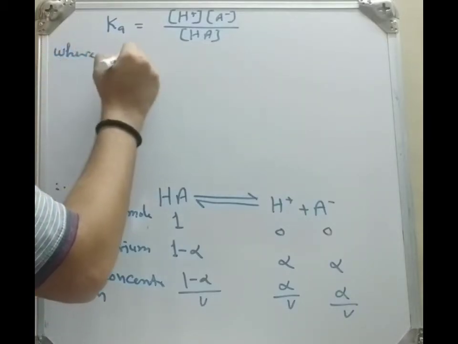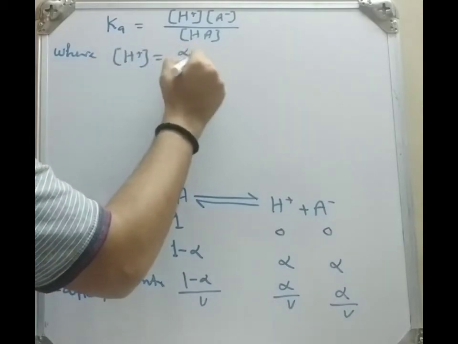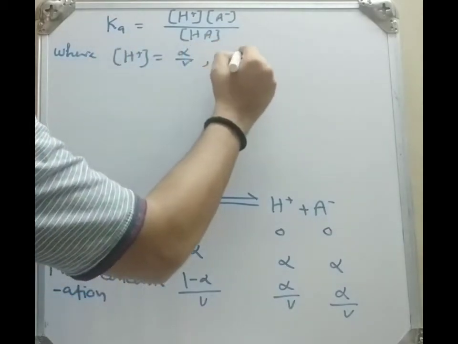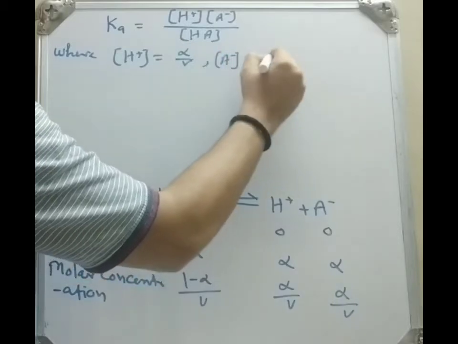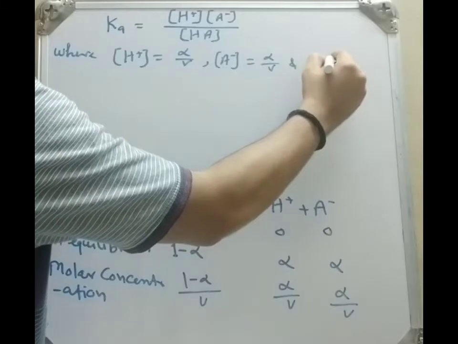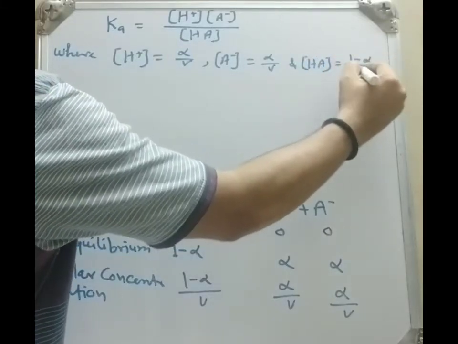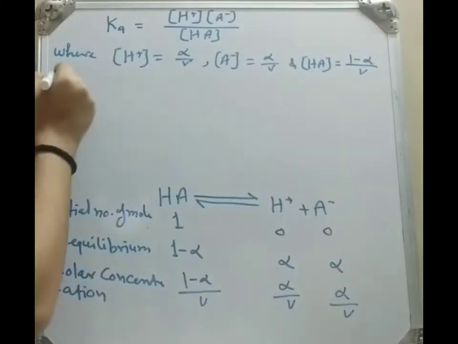As we know, the square bracket indicates molar concentration. H plus is alpha upon V, A minus is also alpha upon V, and HA is 1 minus alpha upon V. So we can substitute these values in our equation.